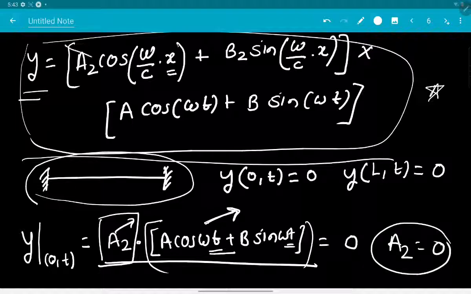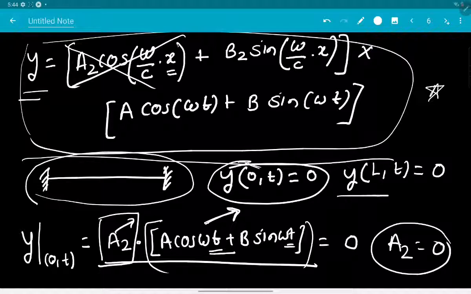So this term doesn't exist at all for the kind of boundary conditions that we have selected, and for this boundary condition in particular you cannot have a2 specified. Let's see what this boundary condition is giving us, whether it is giving us the value of the other constant b2.